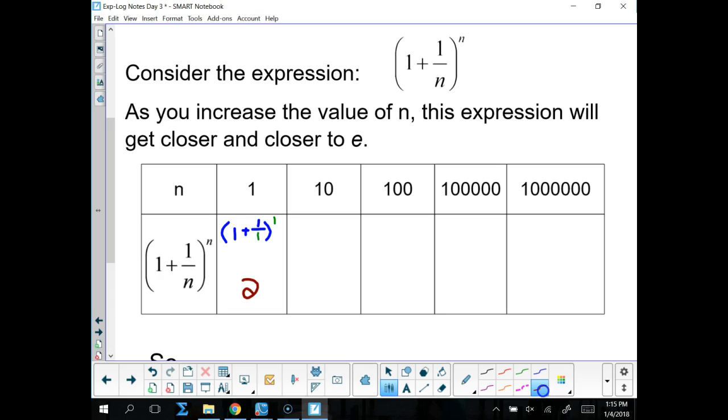Okay. Let's make n get bigger. So now we'll go up to 10. That's going to be 1 plus 1 divided by 10, to the 10th power.